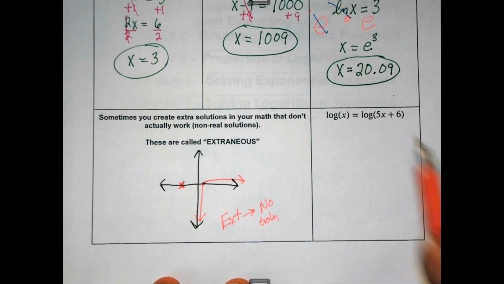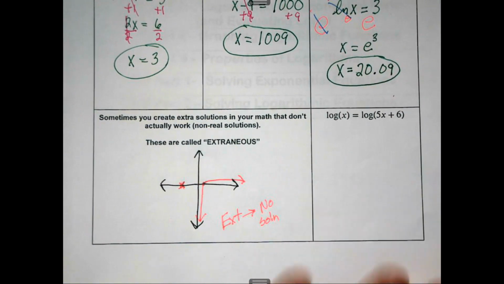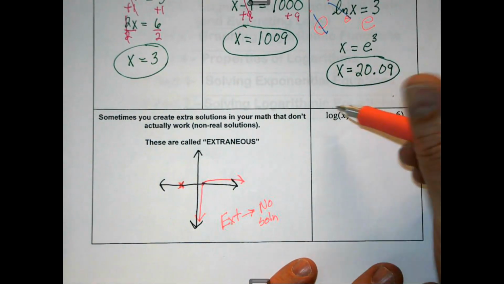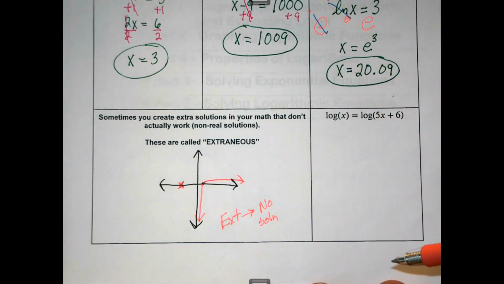And I bet you this example is going to happen too, right? What do you think? All right, so my logs are isolated, right? So can you divide by log on both sides? Well, I have to solve for x because it's an equation, right?